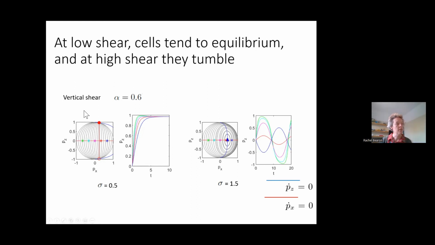So low shear, cells go to equilibrium; high shear, they tumble. This was known, this is not new, but it's just to familiarize yourself with the diagrams.